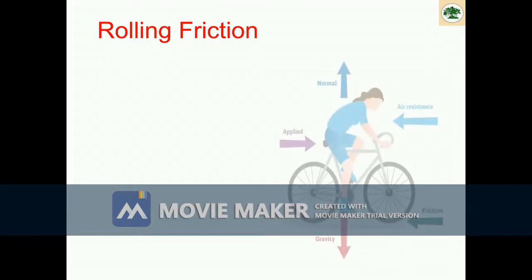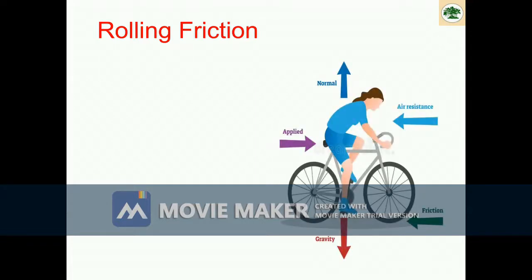Now there is a third friction, that is the rolling friction. In the diagram, there is a cyclist. As usual, the gravitational force is vertically downward. The normal reaction, opposite to the gravitational force, is vertically upward. The applied force means the force applied on the pedal of the cycle by the person.